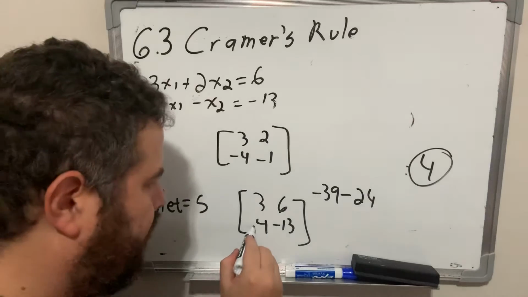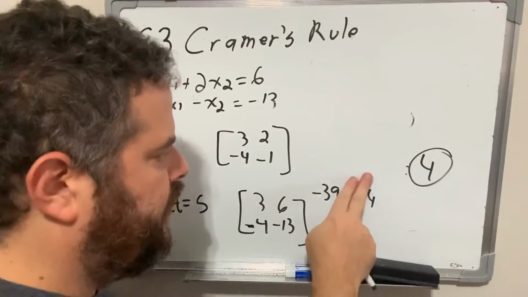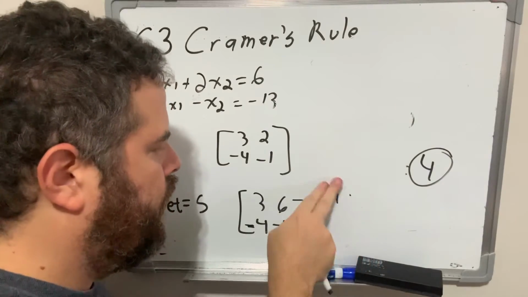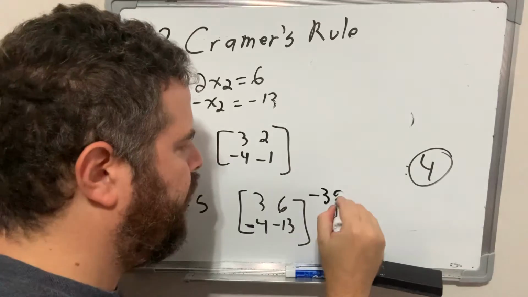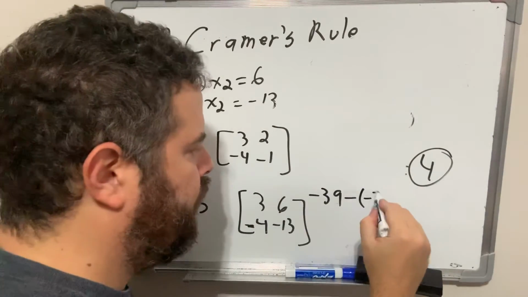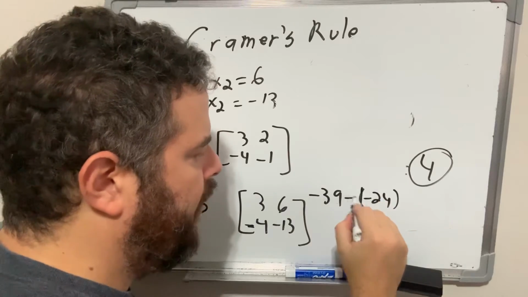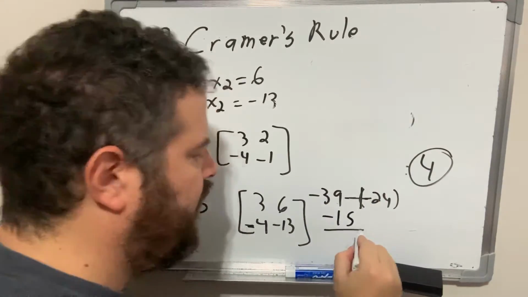Oh no, this is a negative 4. Sorry. Now it makes sense, because it wasn't giving me the proper answer. So again, let's repeat. 3 times negative 13 is negative 39 minus negative 24. The sign turns positive. Negative 39 plus 24 is negative 15.